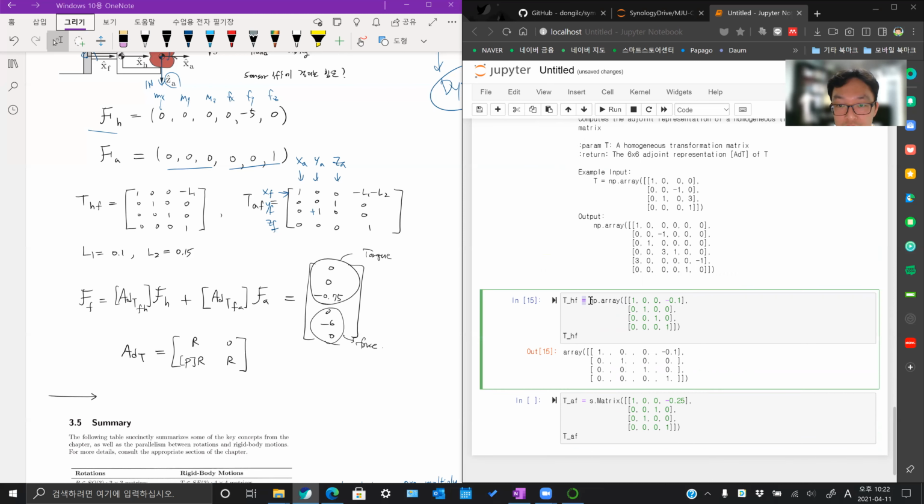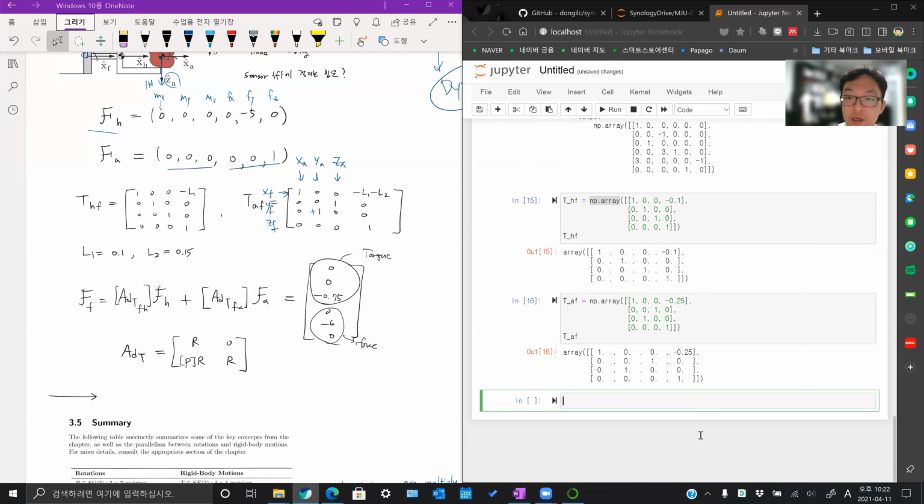Then other joint T H is calculated by MR dot other joint THF.